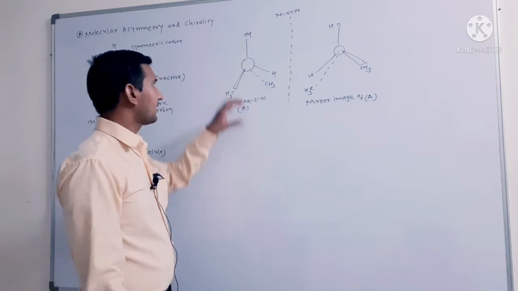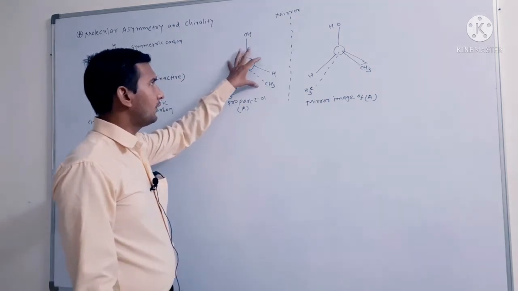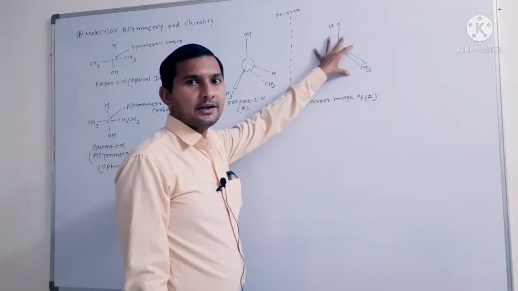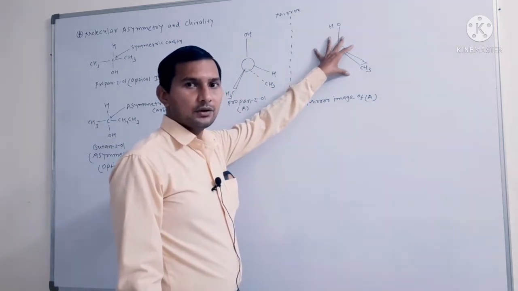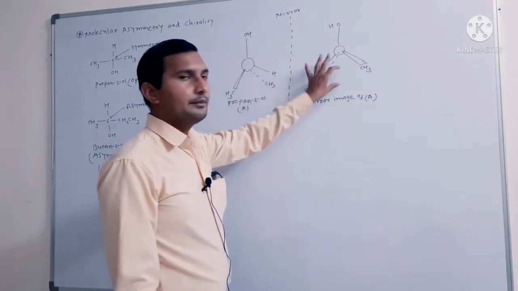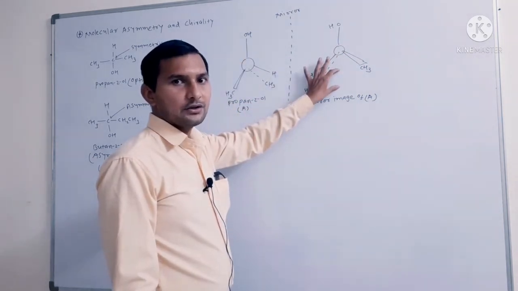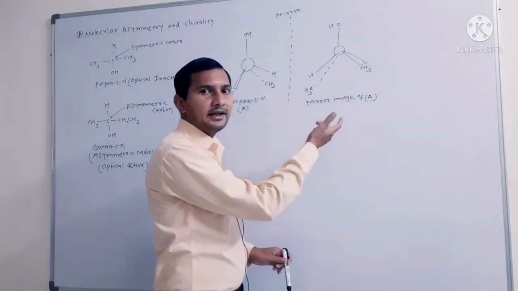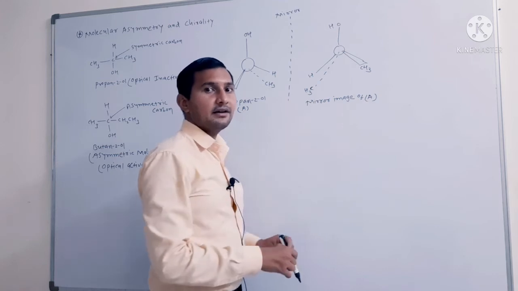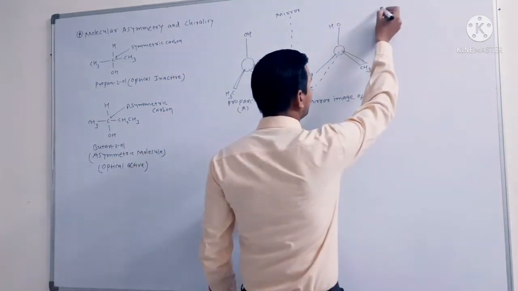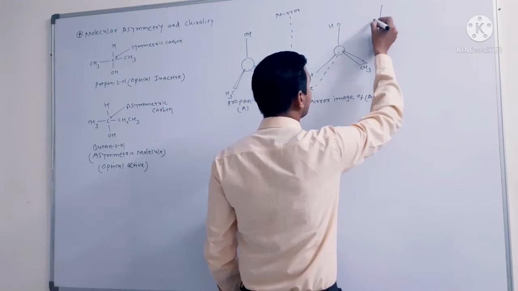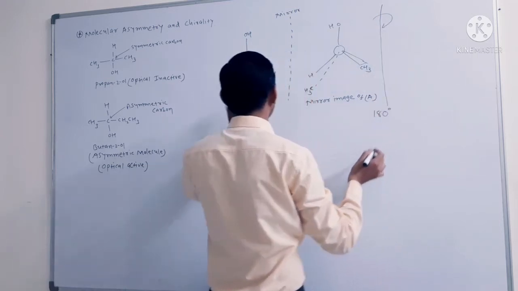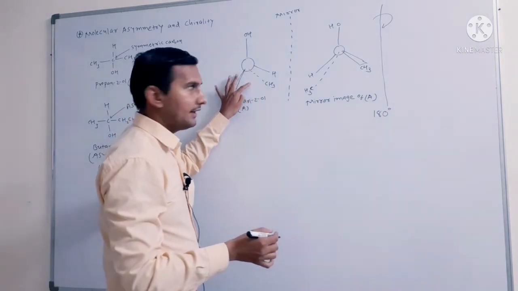If we take this molecule from the plane and put it over the mirror image B, then we know that they are not superimposed on each other, right? But if we rotate this molecule by 180 degrees, then we get structure A again.